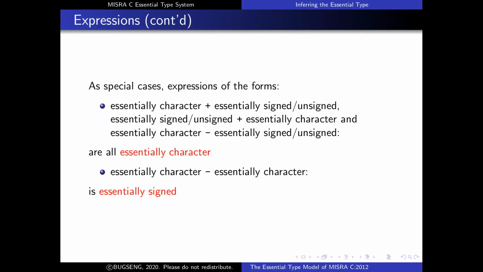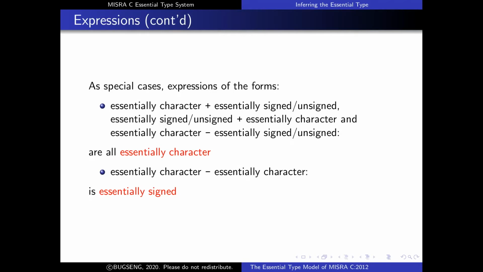There are special cases involving characters. So if you take an essentially character and you sum an essentially signed or unsigned, or the other way around, or if you subtract a signed or an unsigned from a character, then the result is essentially character.